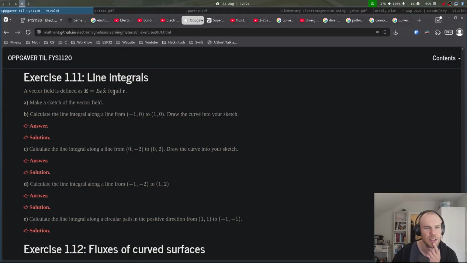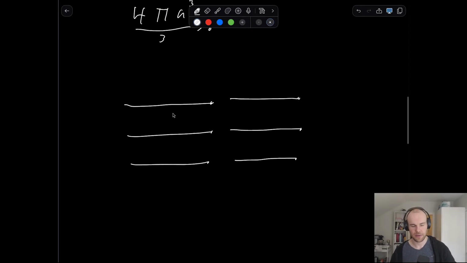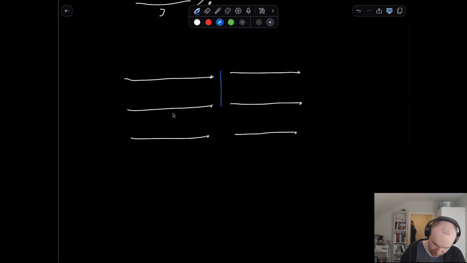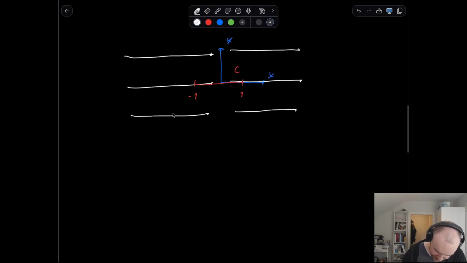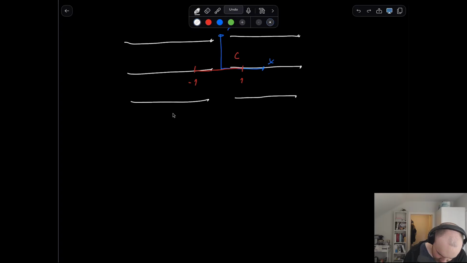Okay. Make a sketch and calculate the line integral from -1 to 1. You can draw it if you want. Let's say this was x and y. From -1, let's say -1 was there, to here, that was the curve C. And our line integral is F dot dl, which is just from -1 to 1.